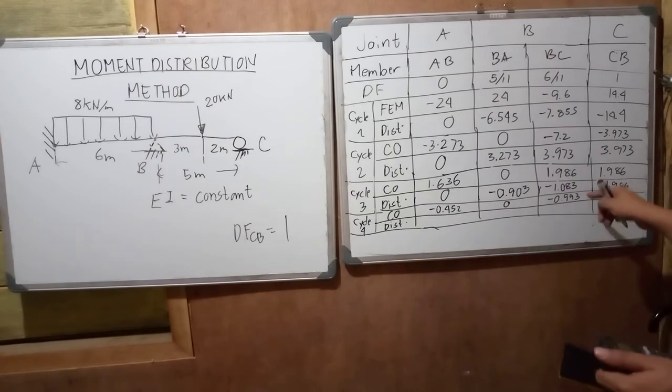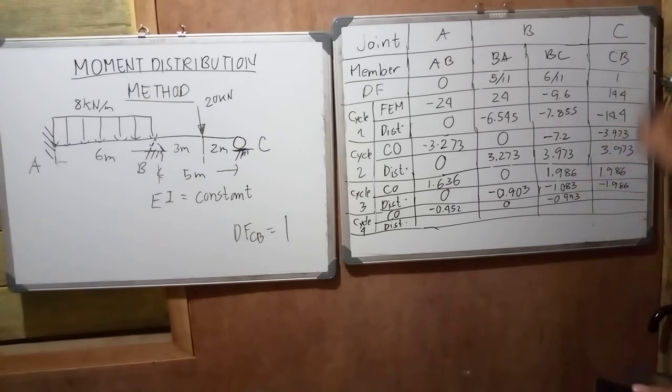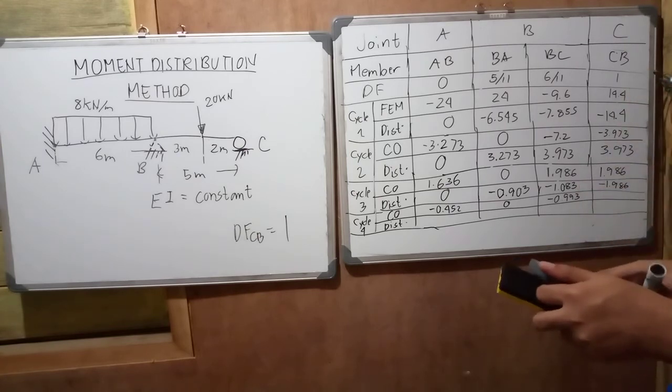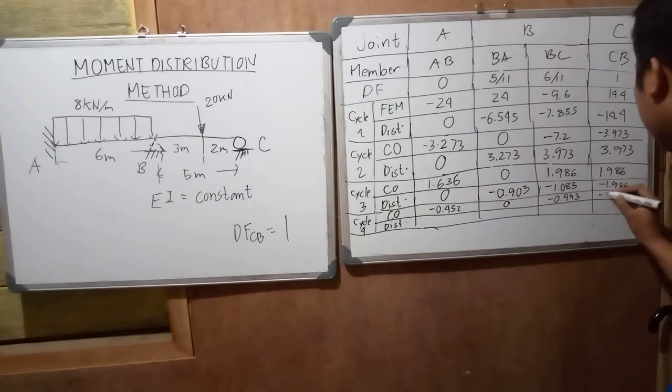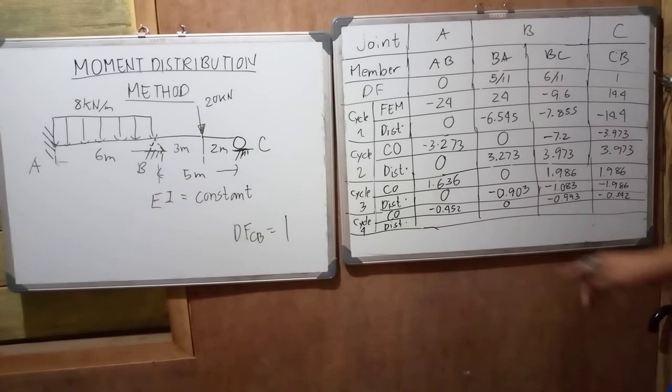And then, carry over moment at BC is equivalent to distribution at CB over 2. So, negative 1.083 divided 2 is negative 0.542. So, again, repeat. Distribution.